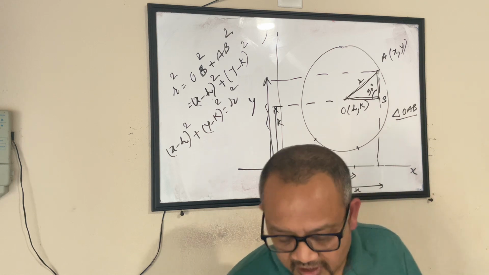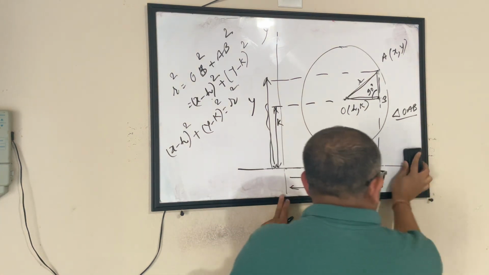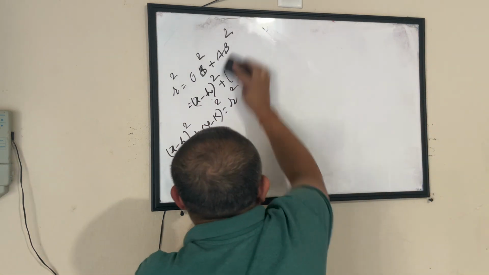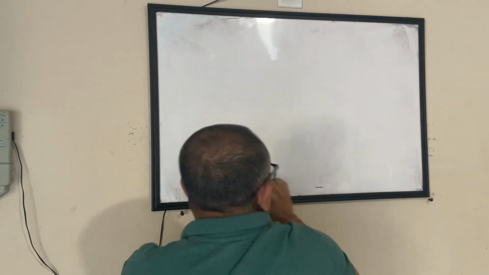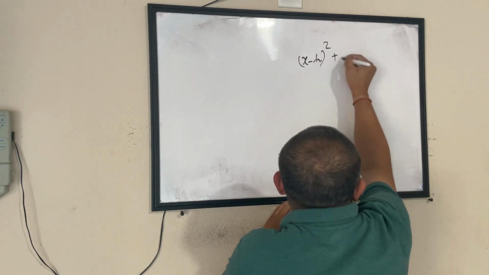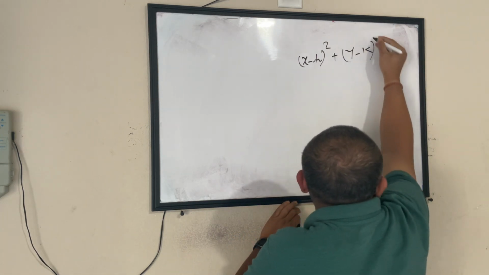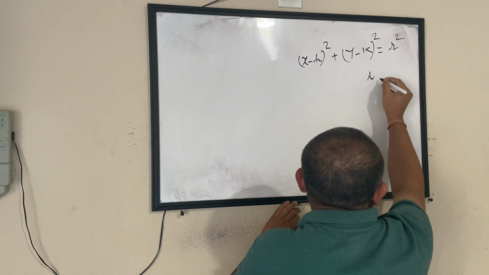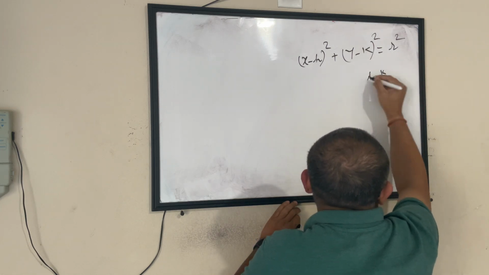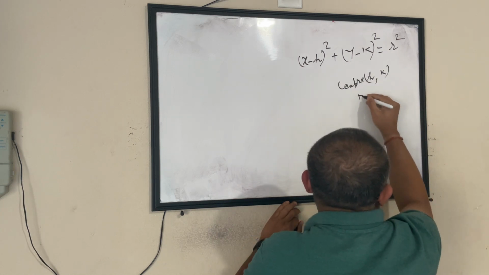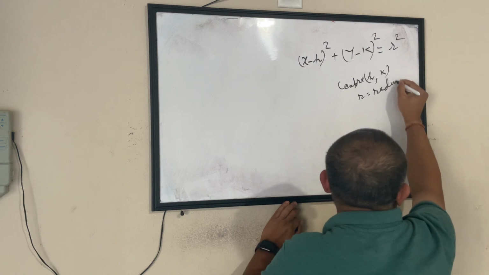So now whatever Ishwari said, that is to be believed, and that is what we saw on the board. So the equation of a circle is nothing but x minus h squared plus y minus k squared equals r squared, where the coordinates of the center is h comma k and r is the radius of the circle.